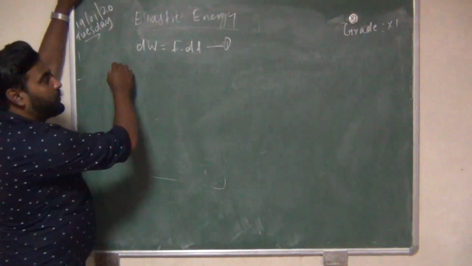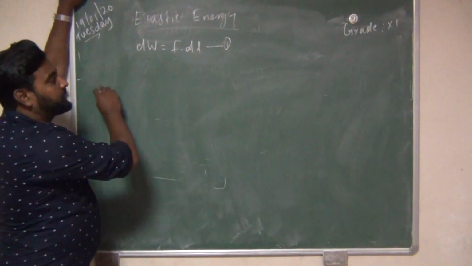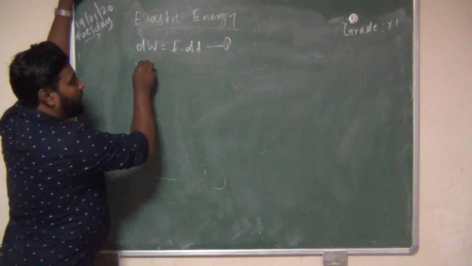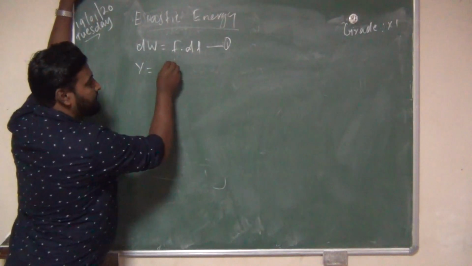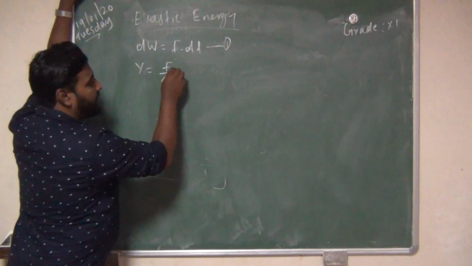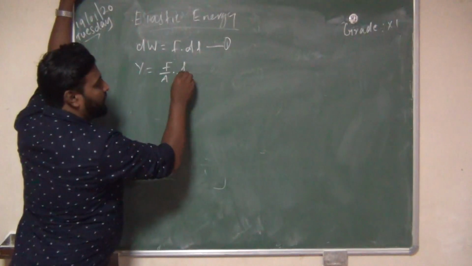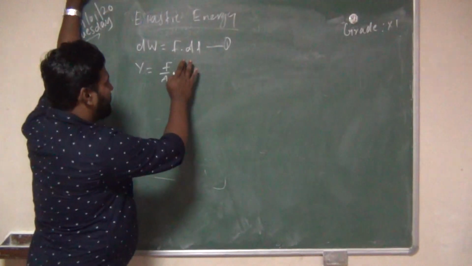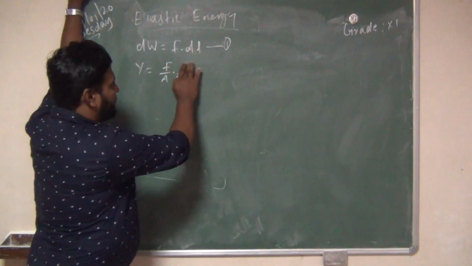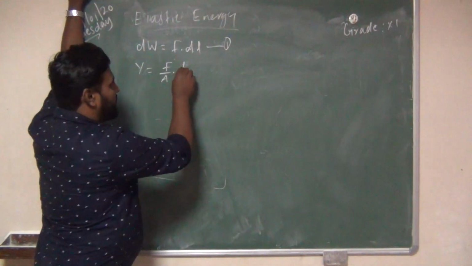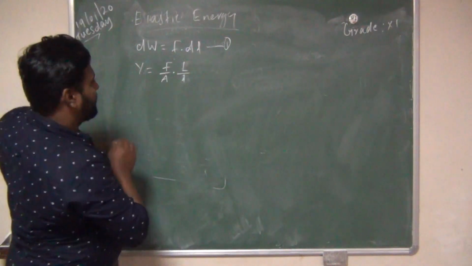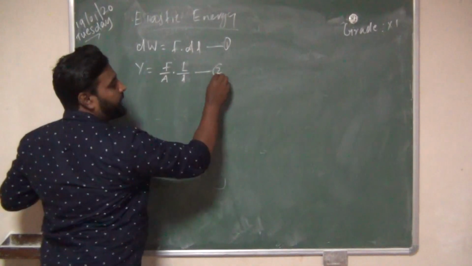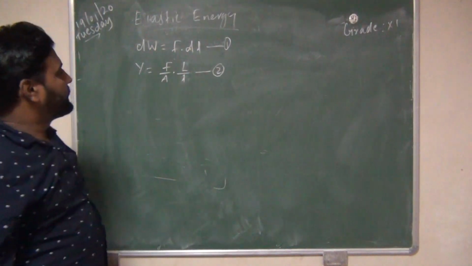And now we have to find out the F. To find out this F, we have to use the Young's modulus formula. Y is equal to F by A into L by l. So this is the Young's modulus formula. This you have to take as equation number 2.